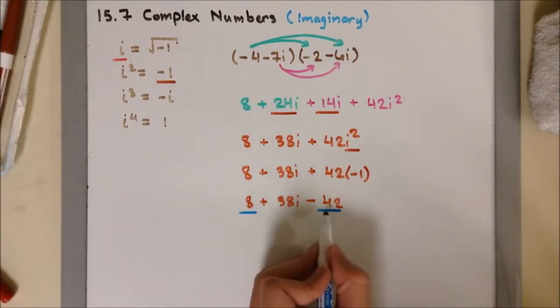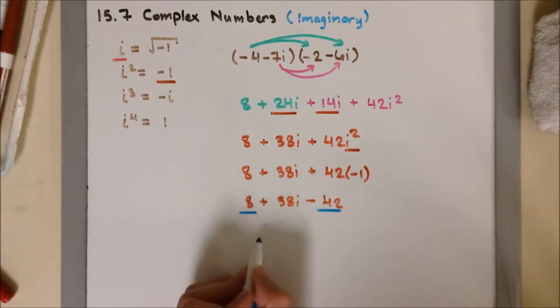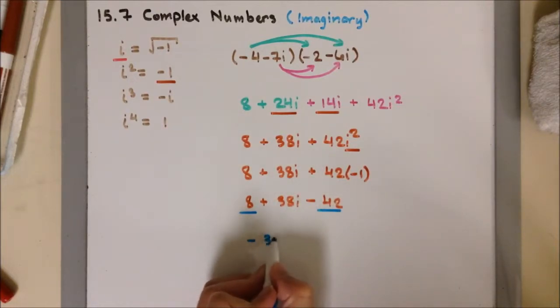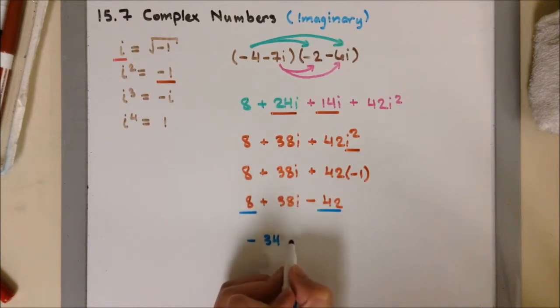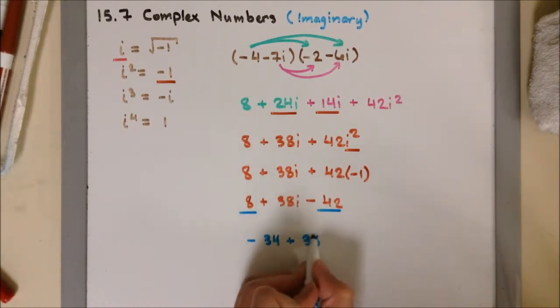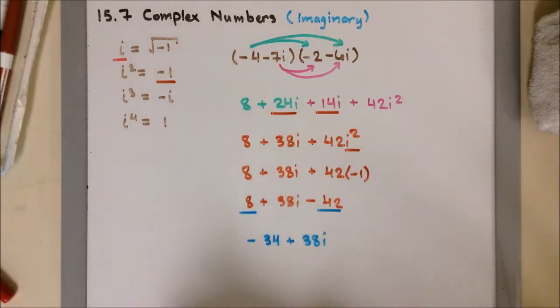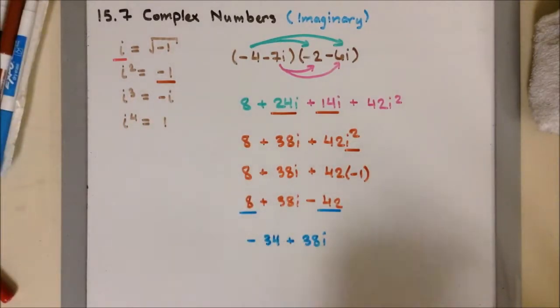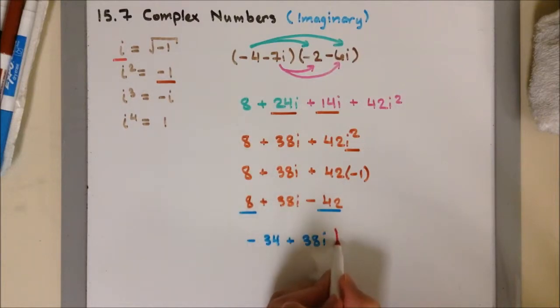So 8 minus 42 is going to be negative 34. And then bring down my imaginary complex number, so positive 38i. And my answer is in standard form because my real number is first and my complex imaginary number is second. So I'm pretty much done here.